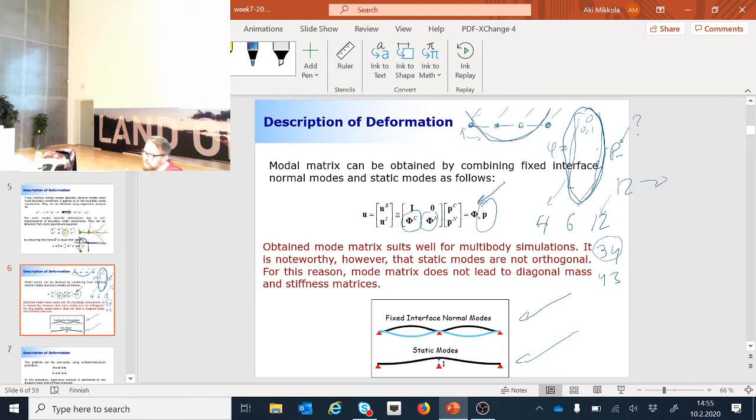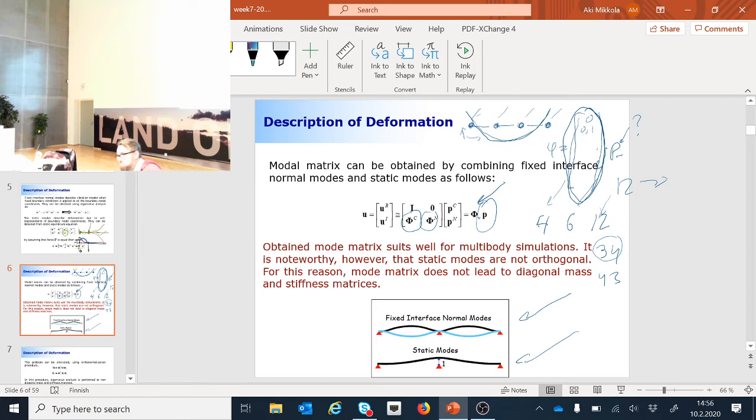Okay. Here's the deal. So I have here a beam structure that consists of 4 nodes. Each one of the nodes has 3 degrees of freedom. So when I'm comparing the eigenvalue and eigenvector, the eigenvector tells me how these nodal degrees of freedom are moving with respect to each other.